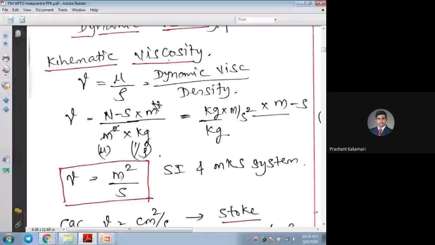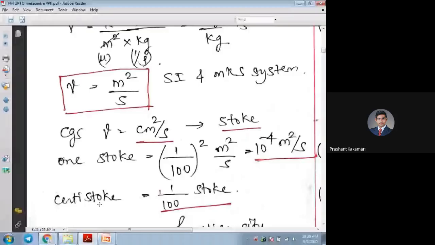It does not contain any force. Kinematic viscosity can be written in Stokes in the CGS system, or in centi-Stokes, 1/100 Stokes. And here, 1 Stoke is nothing but 1/100 square meter square.